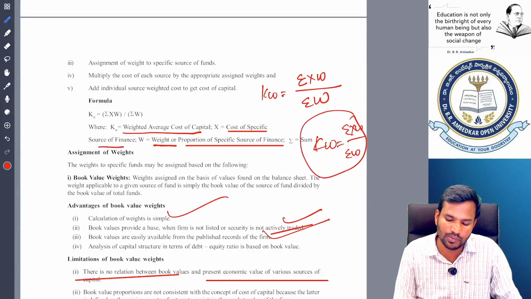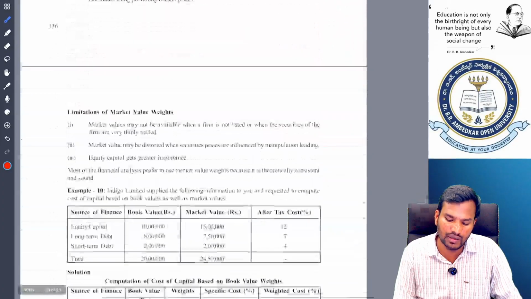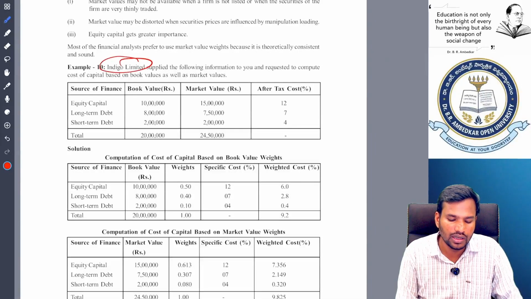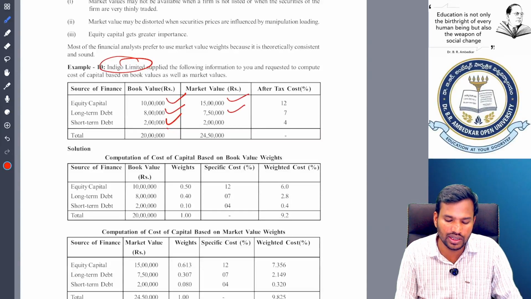Equity capital 10 lakhs, long term debt 8 lakhs, short term debt 2 lakhs. Market values are 15 lakhs, 75,000, 7 lakh 50,000, 2 lakhs.